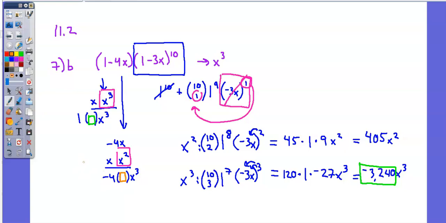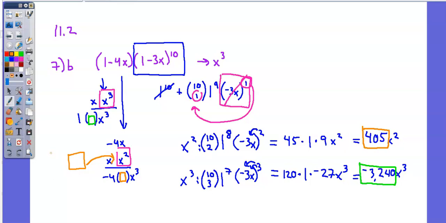Actually, where that's fitting in is in the x cubed, x squared term. I have the pink box around the x squared term. There's some coefficient there, and that coefficient is 405.